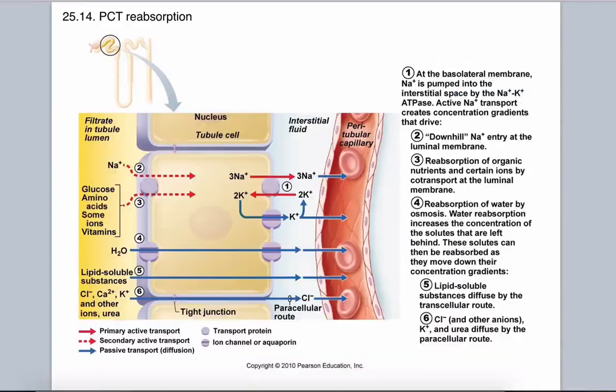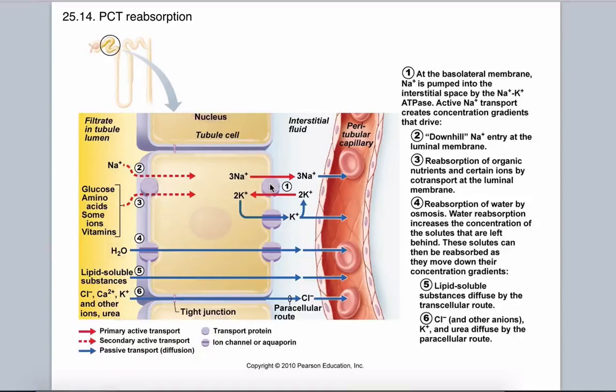So, for example, if we looked at how this process happens in the proximal convoluted tubule, there are a series of different maneuvers that happen. And I want to talk a little bit about how these relate to some of the hormones that we've talked about before. This kind of starts arbitrarily here with this sodium-potassium pump.